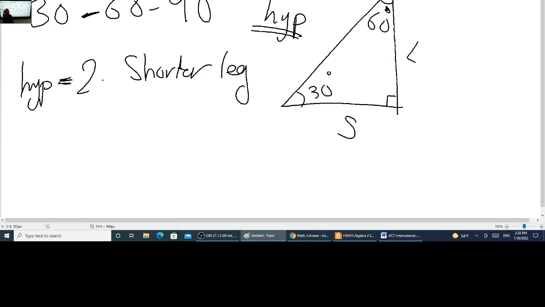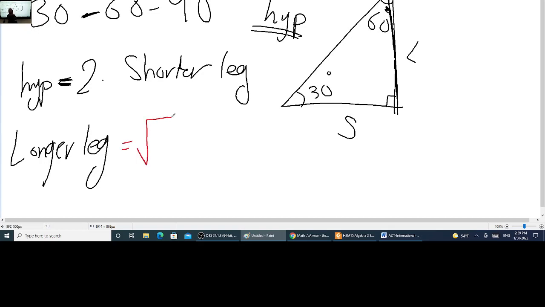Also, the longer leg, this is the longer leg, equals the square root of 3 times the shorter leg.